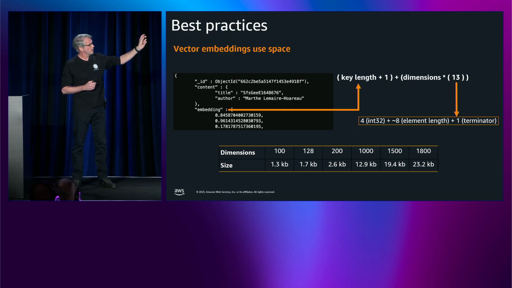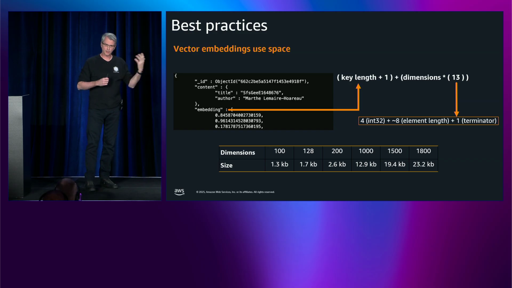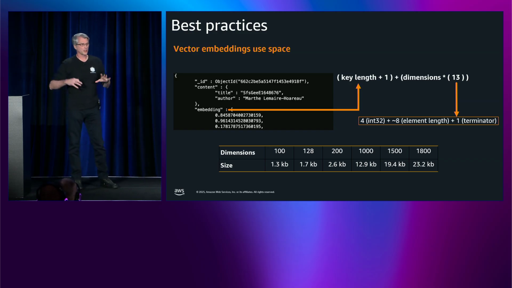So for each item in that array, we store it in 8 bytes, and then there's a 1 byte terminator. Sorry, there's this one 4-byte value at the beginning, and then each element 8 bytes, 1 byte terminator. All that together gives you the size of that.